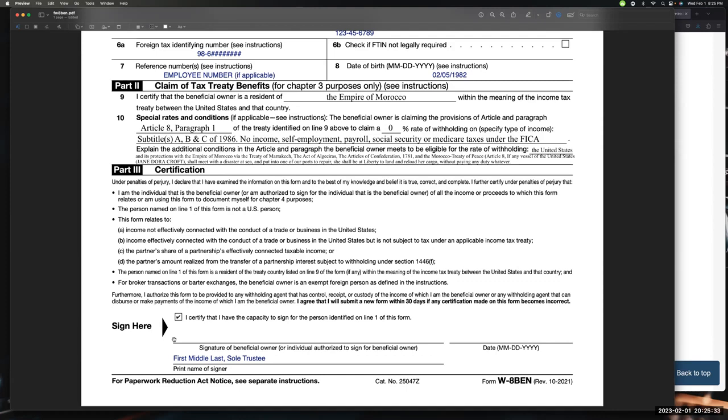Now what's going to happen from there? You may have a discussion and you have to tell them what you are trying to do. Not trying, what you're demanding. You're going to state that the compensation and income that I make here is not effectively connected with the conduct of a trade or business with the United States because of the trust that I'm associated with, which is established outside of the United States with the Empire of Morocco.